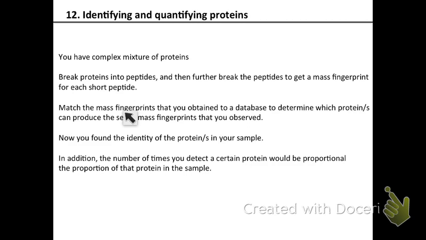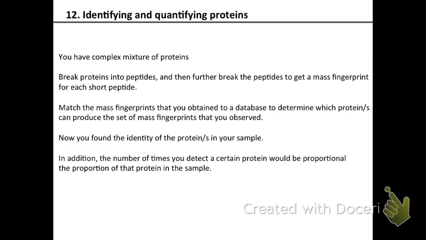Then you can take these mass fingerprints and match them to a database to tell you which amino acid sequence can produce this mass fingerprint, okay? And now you've found the identity of a short amino acid region of your original protein, right?